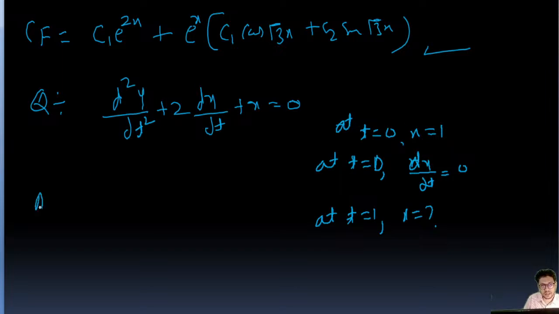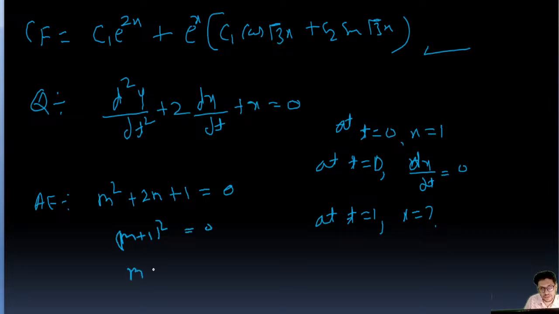So first we will find the auxiliary equation. It is simple: m square plus 2m plus 1 equal to 0. So this is m plus 1 whole square equal to 0. So the values of m are minus 1, minus 1.